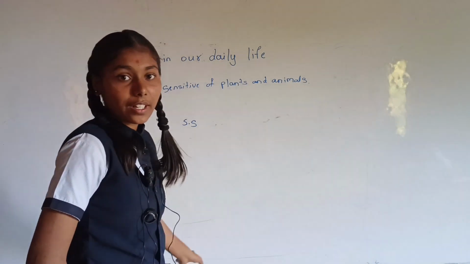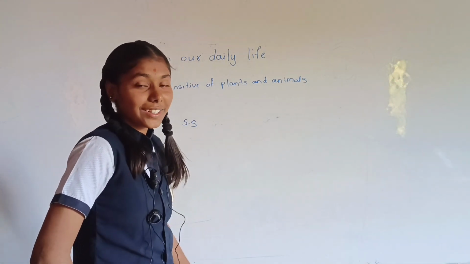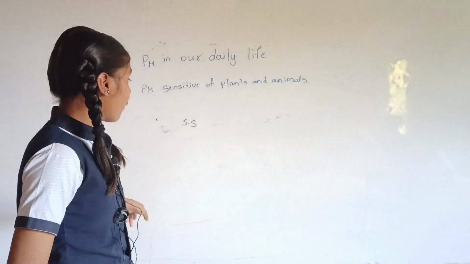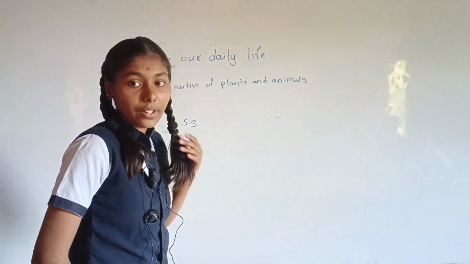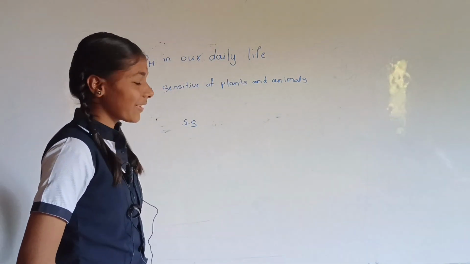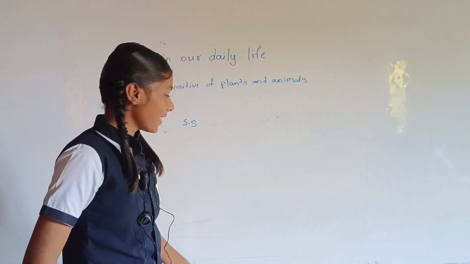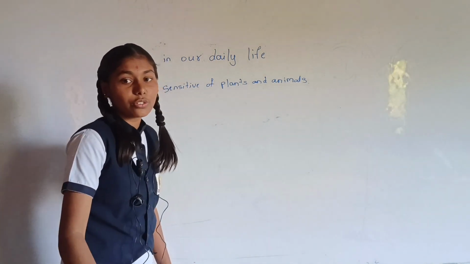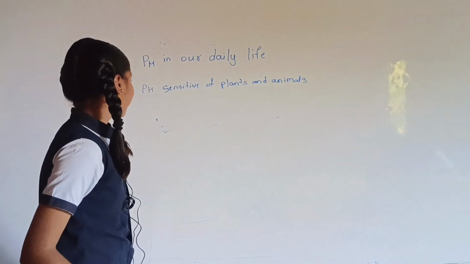When the rain falls on the ground, it will mix with the river and the river also becomes acidic, so the aquatic animals in the river also do not survive.